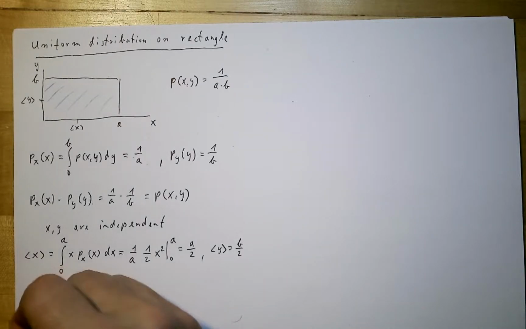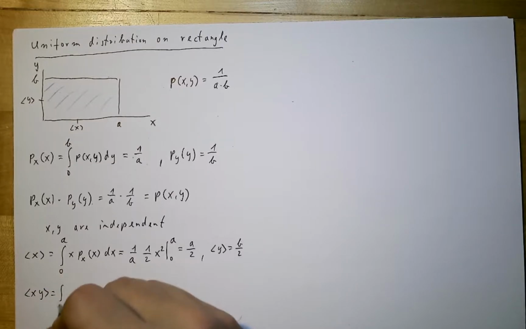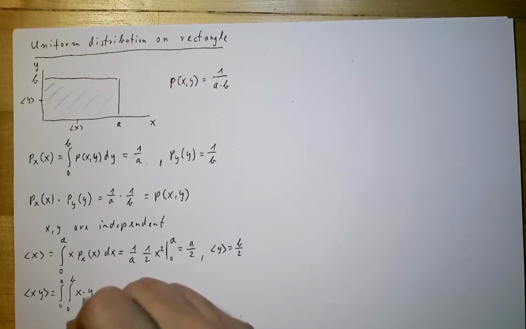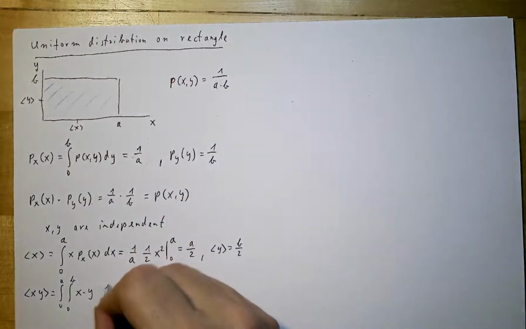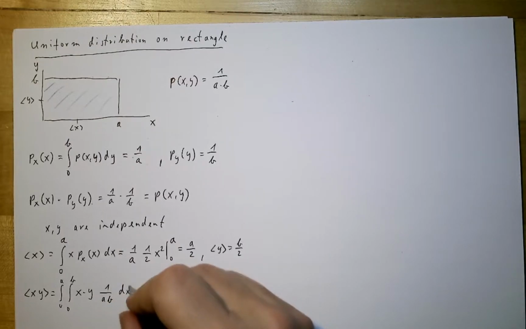So what's the expectation value of the product? We have to integrate over x and over y. Now we have x times y, the probability distribution 1 over a b, and we integrate over x and over y.